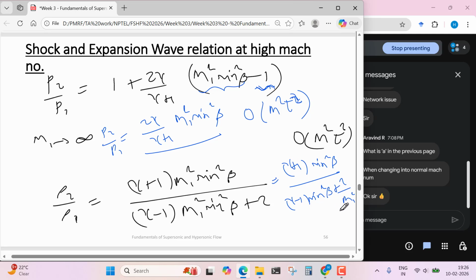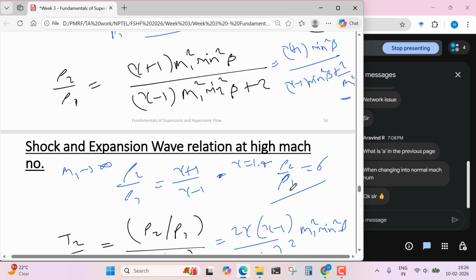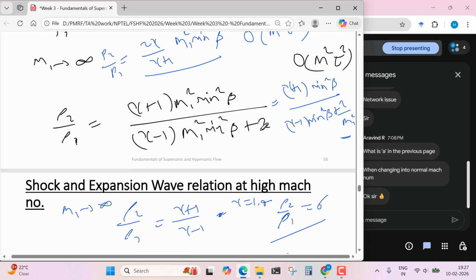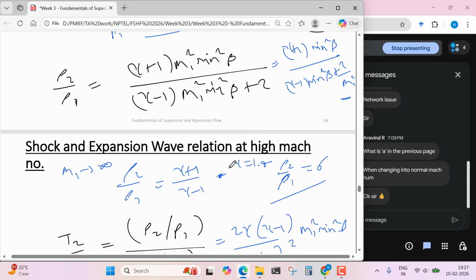So for m1 tends to infinity, this term will vanish, and we will get sin square beta in both numerator and denominator, which we can cancel out with each other, and we will get rho 2 upon rho 1 equal to gamma plus 1 upon gamma minus 1. So one thing to note is that for the hypersonic limit, very high Mach number, the ratio of density across an oblique shock will tend to a constant value, which will depend on gamma.